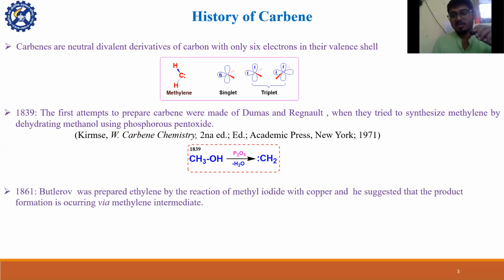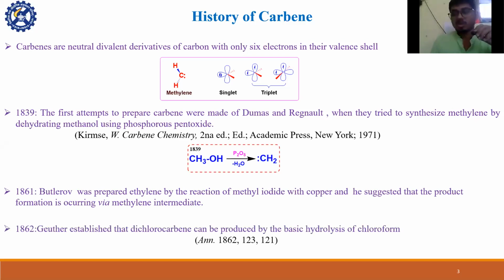Later, one reaction came in 1861. At that time they used methyl iodide and copper to synthesize methylene compounds, and they thought that a CH2 intermediate was involved in the synthesis of these alkene molecules.